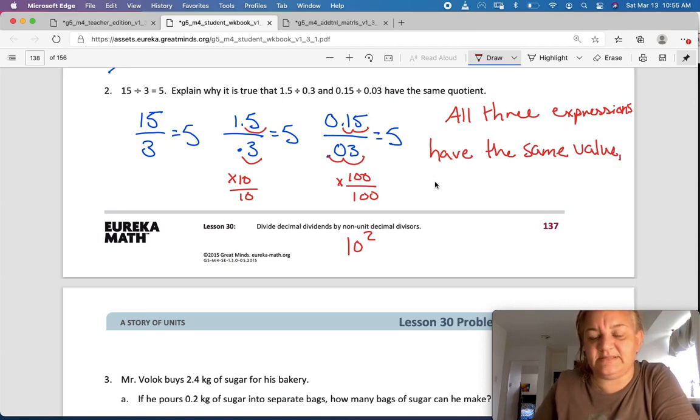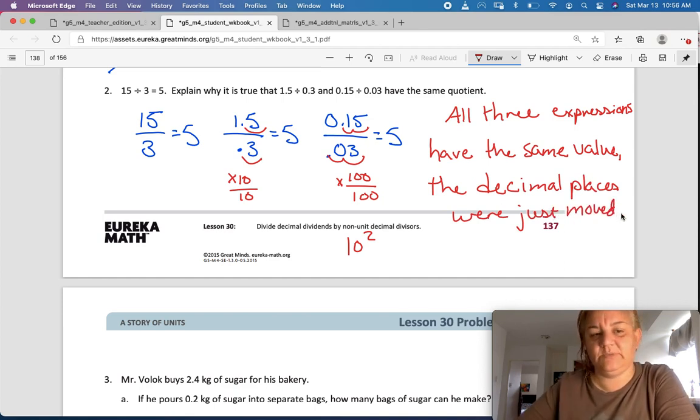The decimal places were just moved, right? And if you have a better way of explaining that or in your own words, go for it.